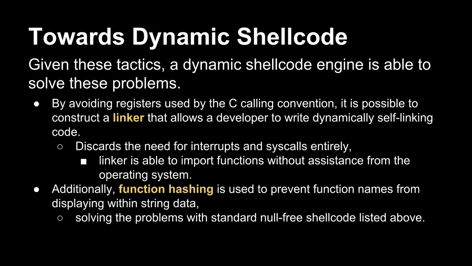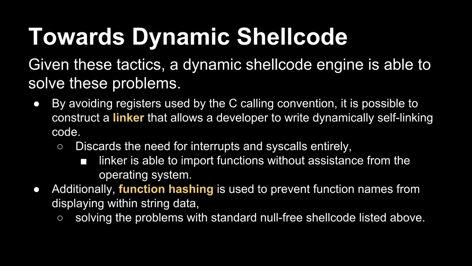Specifically, if attackers construct, in their shellcode, a linker that allows them to build a dynamic self-linking payload that imports functions from shared objects and libraries without any assistance from the operating system, this discards the need for interrupts and system calls entirely. And so malware analysts looking for these signatures would not find them.